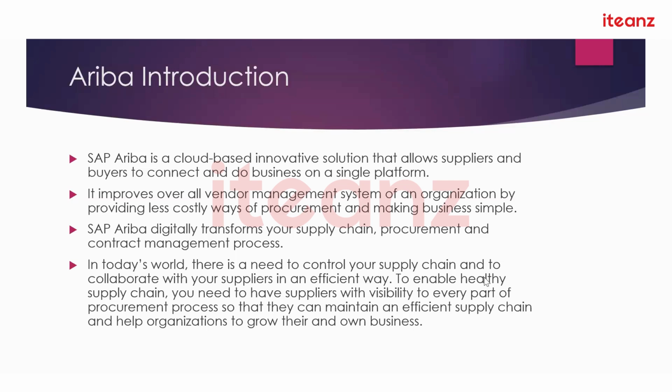Everything we are doing by using Ariba. You can see in the last line, you need to have supplier visibility in every part of the procurement process, so you can maintain an efficient supply chain and help the organization grow its own business.